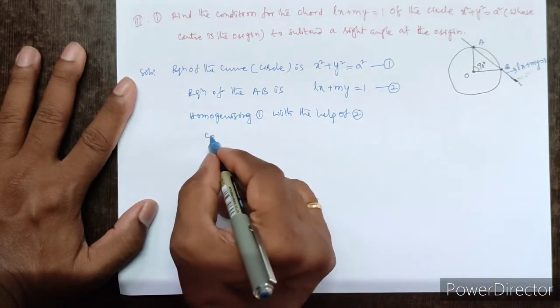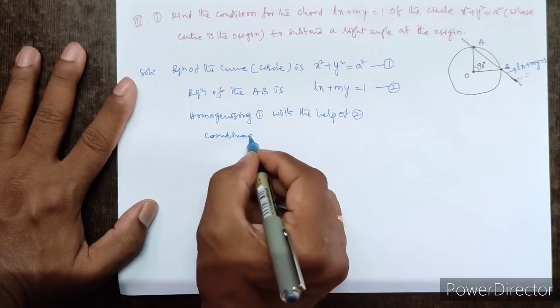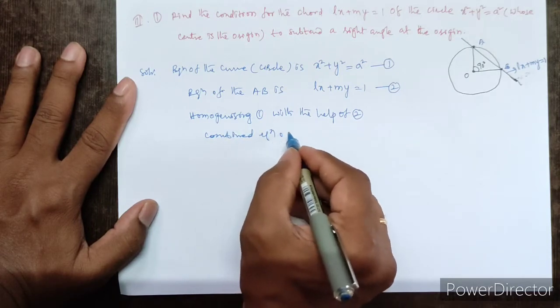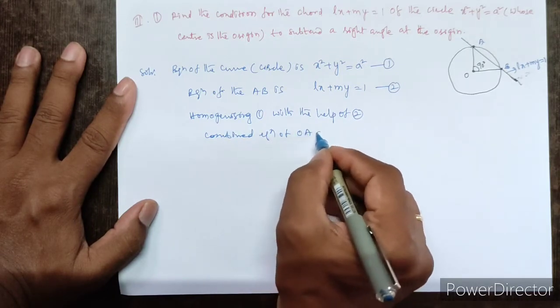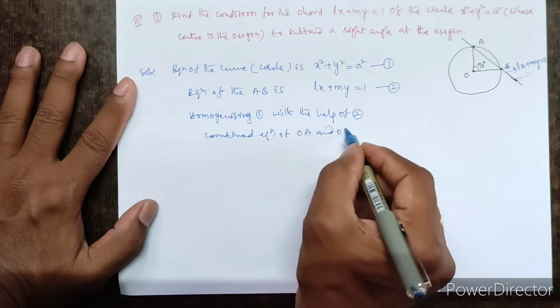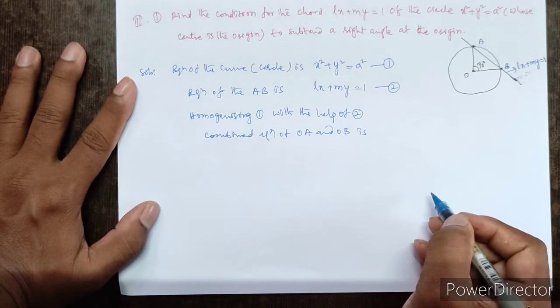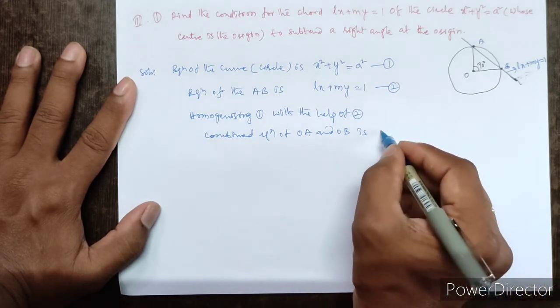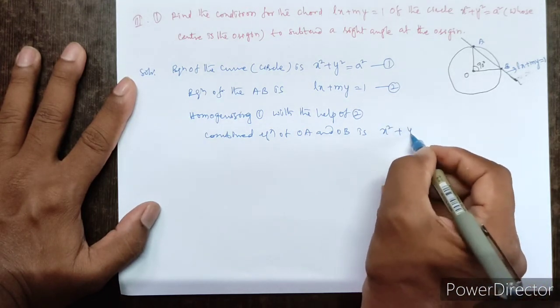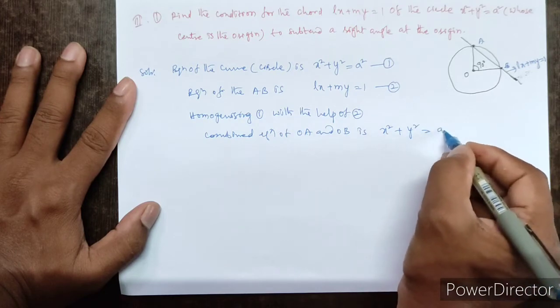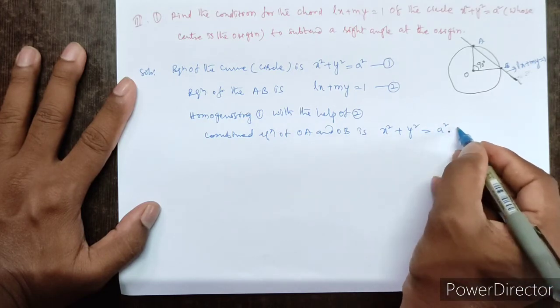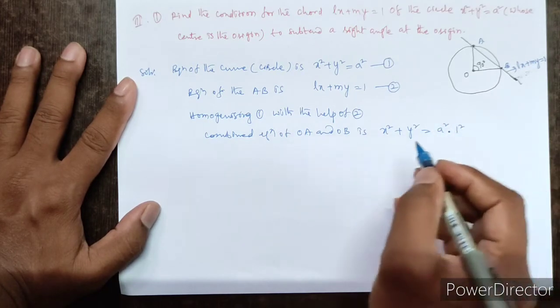Then the combined equation of OA and OB is x square plus y square equal to a square into a constant multiplied with 1 square.